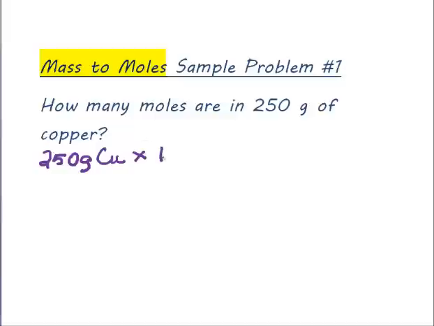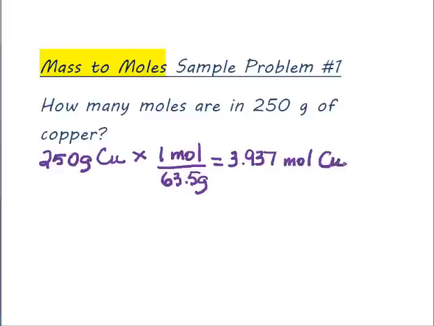Okay? I want moles, so I'm going to put moles in my numerator here. What's the mass of a mole of copper? We've already established that's 63.5 grams. And when I do my work on the calculator, I'm going to get 3.937 moles of copper. I'm looking at 4 significant figures there.